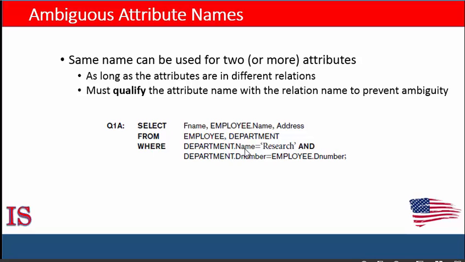Where department.name is equal to research and department.dnumber is equal to employee.dnumber. In this particular instance, there is an attribute called dnumber in both tables. So it's very easy to solve the problem of duplicate attribute names in multiple tables simply by qualifying them with the relation name or the table name.